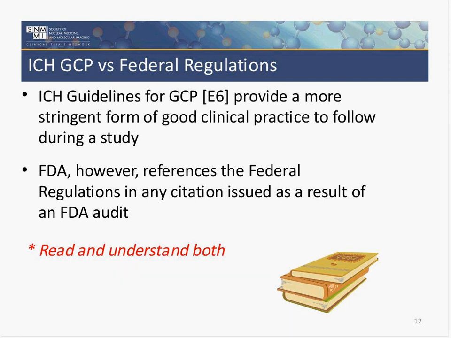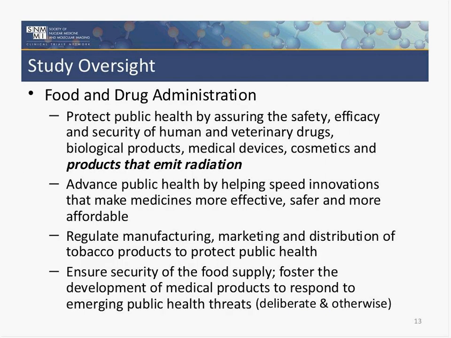They understand that the ICH GCP document E6 provides a really stringent standard for good quality research, and that the FDA may issue citations against what is in the federal regulations. So it's really important to understand both.